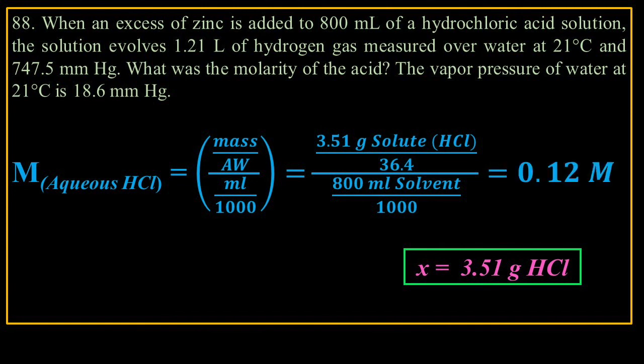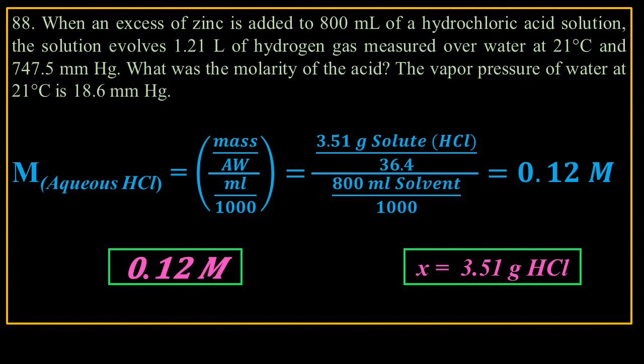So now that gives me the mass of hydrochloric acid. I have the mass of hydrochloric acid, that's 3.51 grams, and 36.4, which would be HCl, and that's the value. Let's summarize that a little bit before we quit.